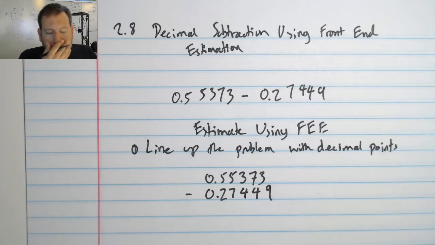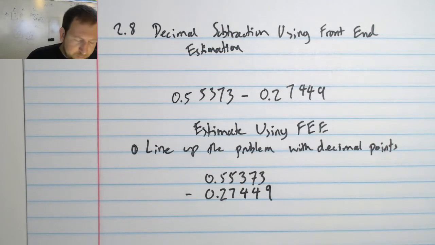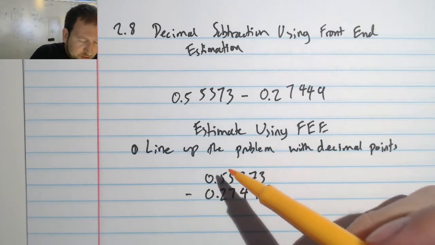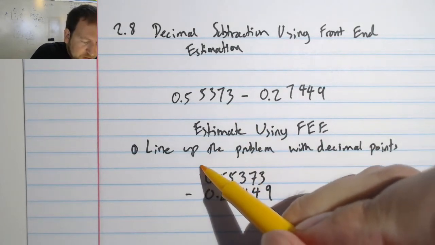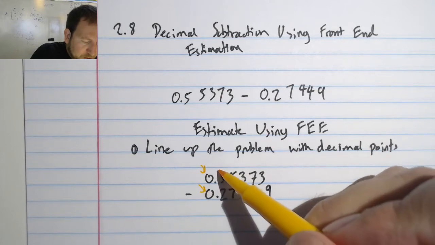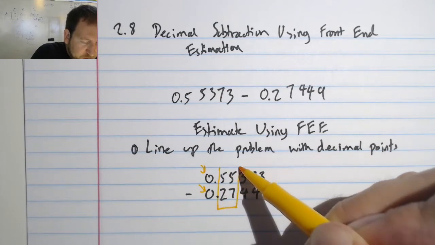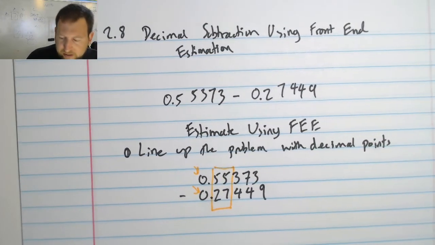Now you'll notice here that I do want at least two decimals that I can use to subtract with, and so these don't count here. So I'm going to keep these two in order for us to have at least two decimals.